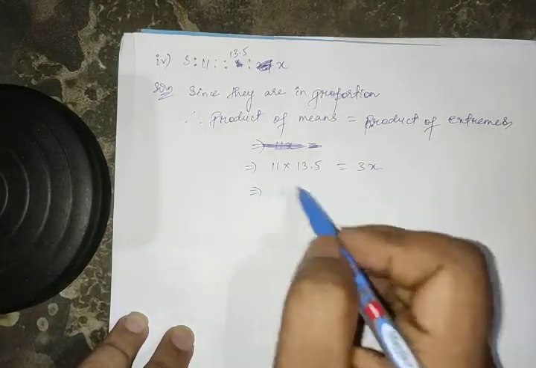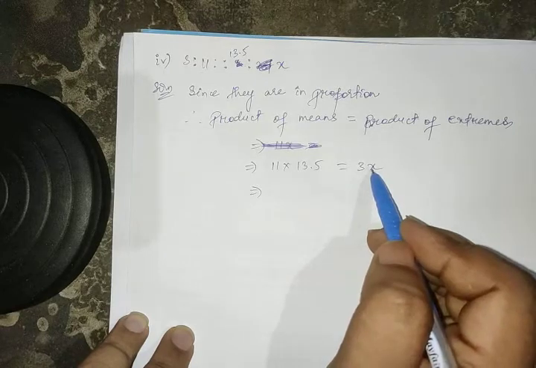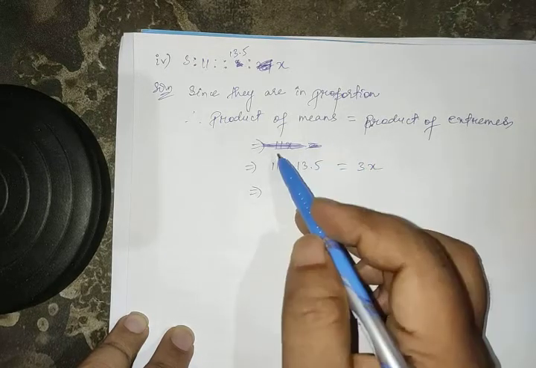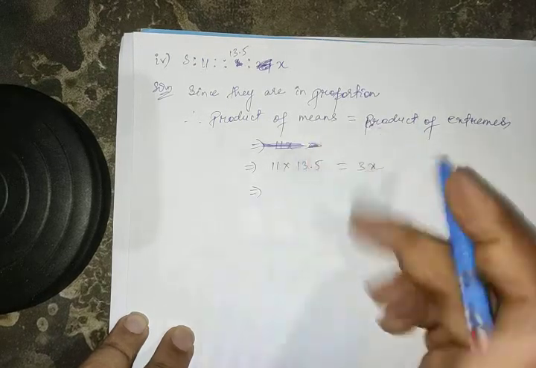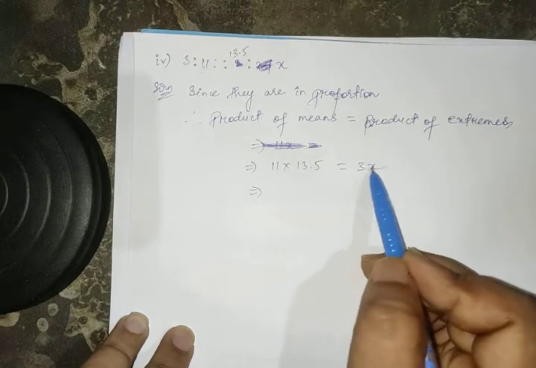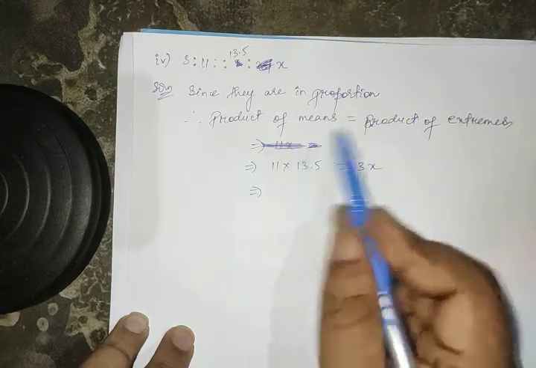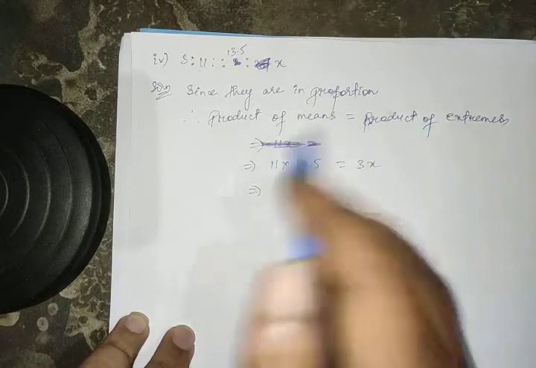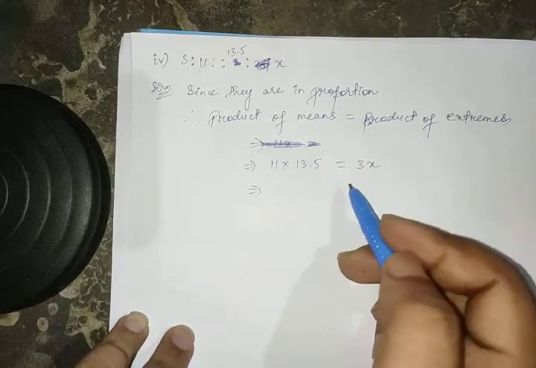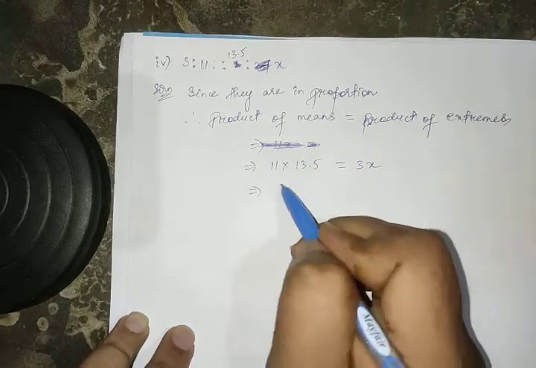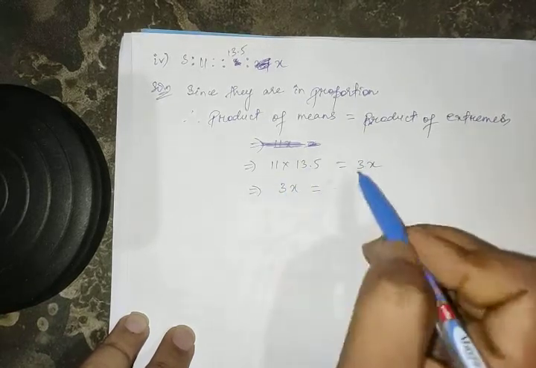Next we have to find the value of x, so we have to bring x on the left. So we'll interchange both. We'll bring 3x on the left and take this on the right. When you interchange both together, the sign will not be changed, it will be the same. We're just interchanging.